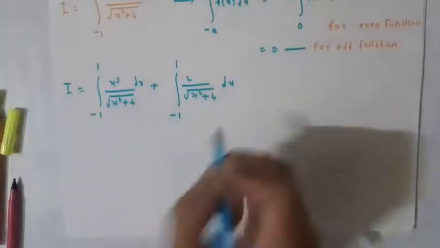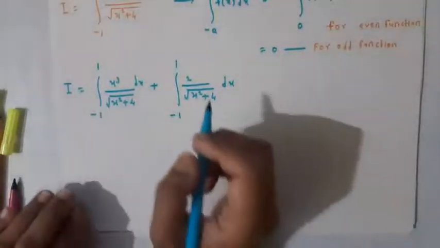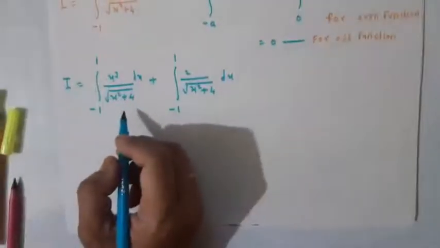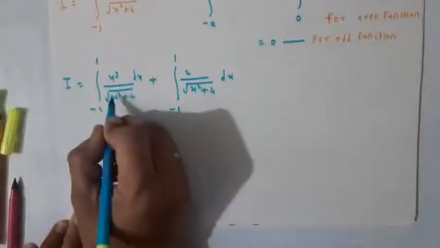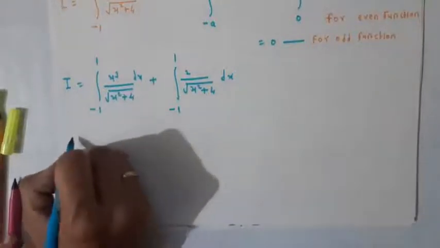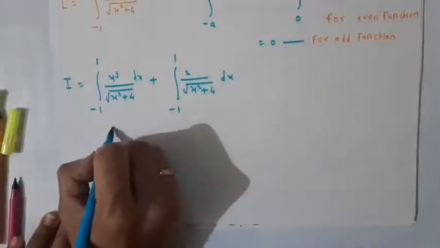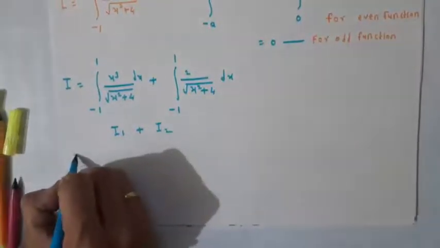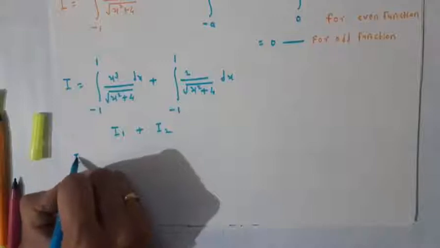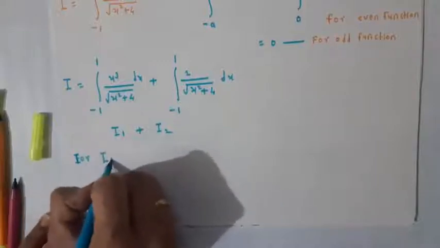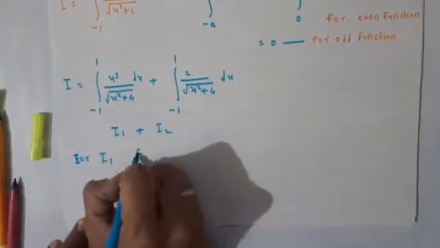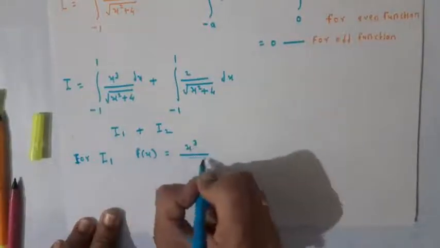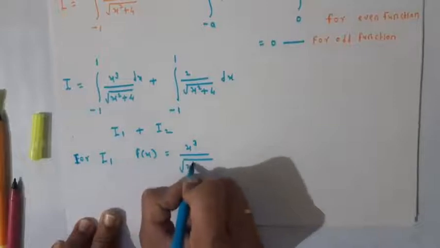Okay students, now apply the property here, that is for even or odd function. So in the first integrand, suppose this is I1 plus I2, and for I1, f of x equal to which function? f of x equal to x raised to 3 upon square root of x square plus 4.